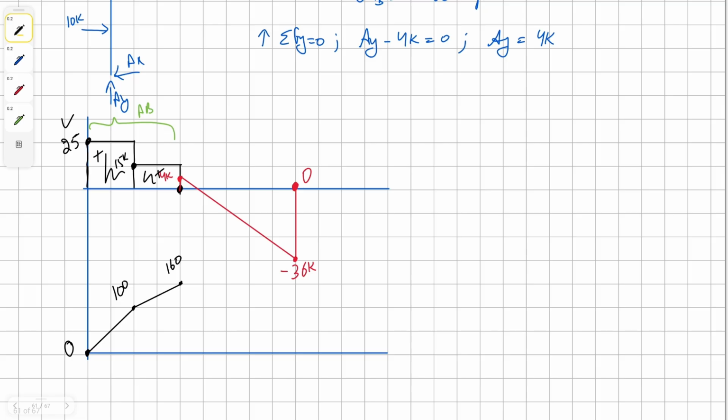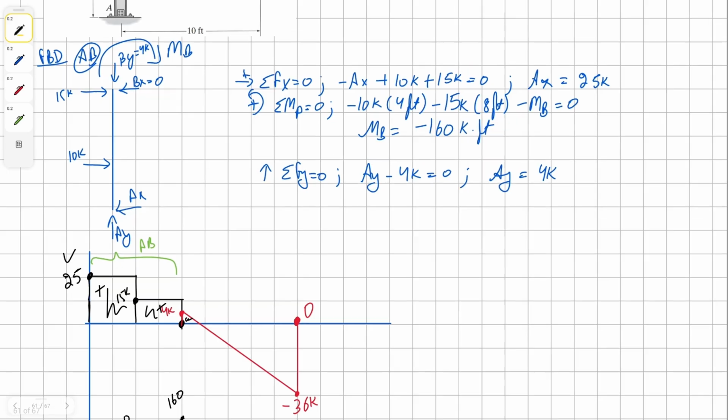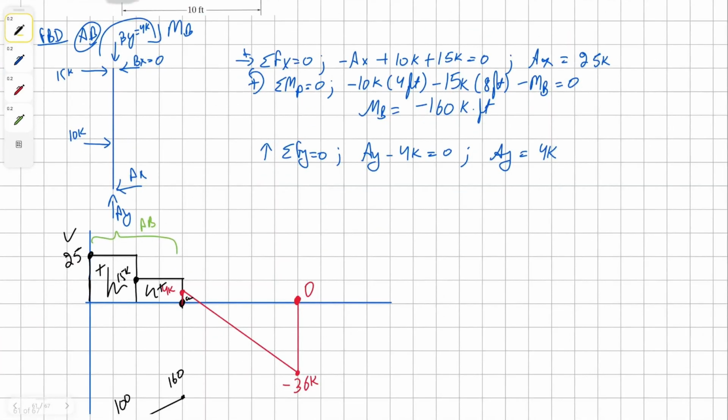And then from there, we have this area, because this is a symmetrical area. If we divide our 40 by 10 feet, we know that each jump up or down by 4k results in us moving right or left by 1 foot. And using that explanation, we know that this point is 1 foot away from the current point.